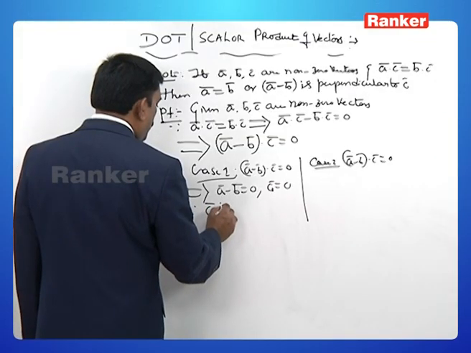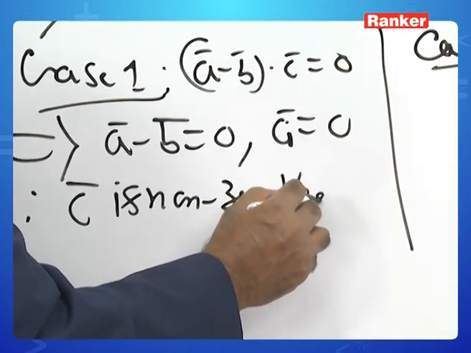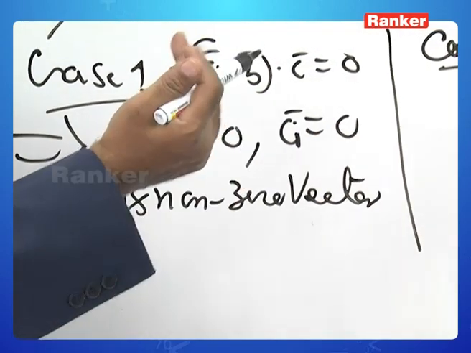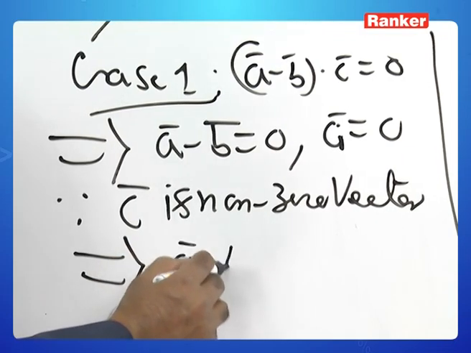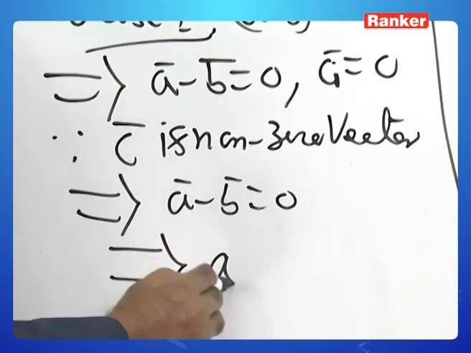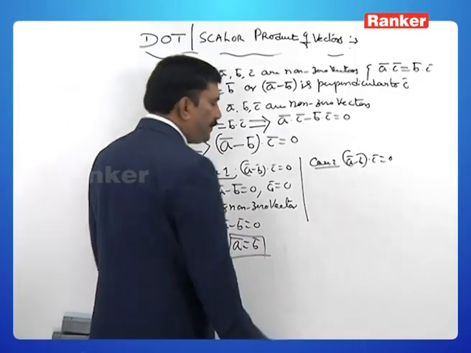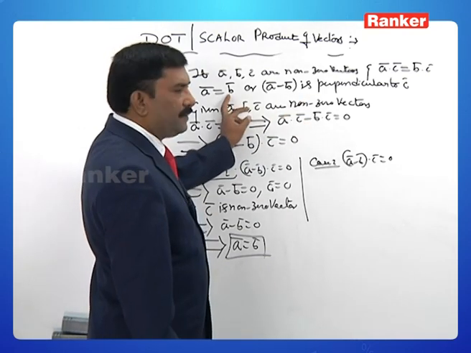Since C bar is a non-zero vector, A bar minus B bar can be the zero vector, which implies A bar is equal to B bar. Followed? We arrived at this condition.